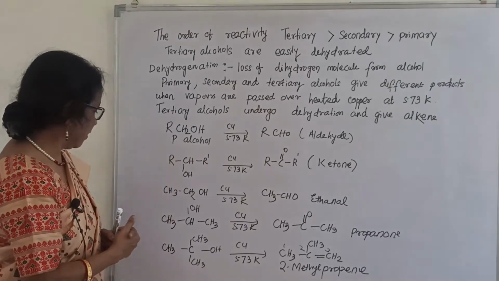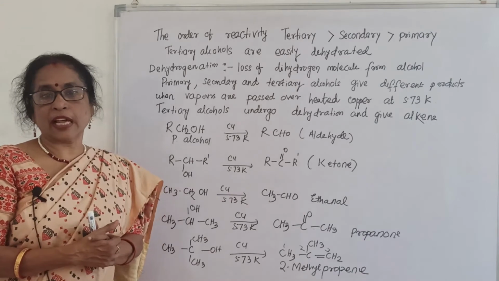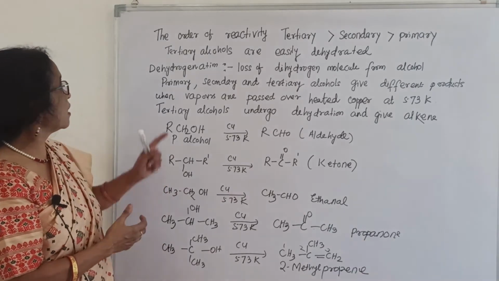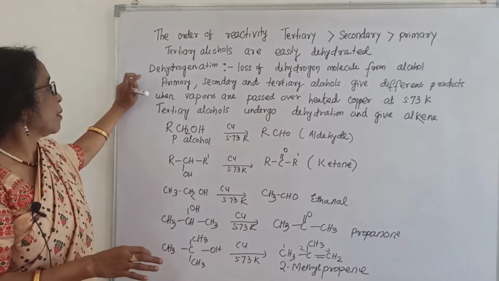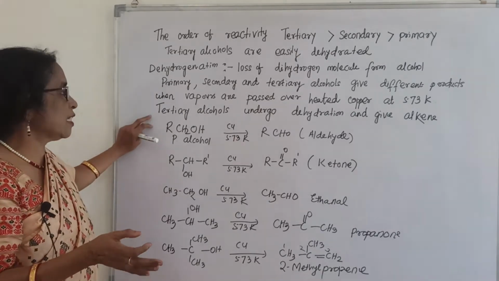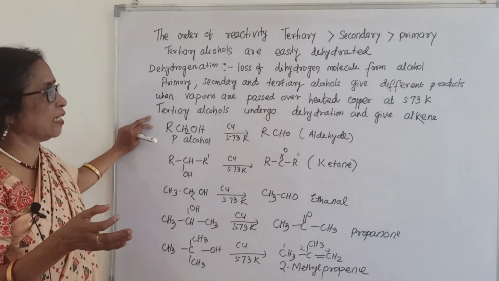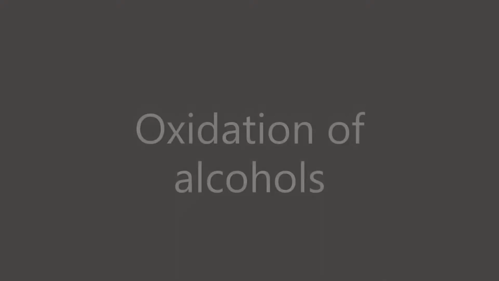And again we will see other chemical reactions involved in alcohol. I hope it is clear that dehydrogenation means hydrogen is removed, but primary and secondary alcohols give only hydrogen as a byproduct, whereas tertiary alcohols undergo dehydration and produce alkene.